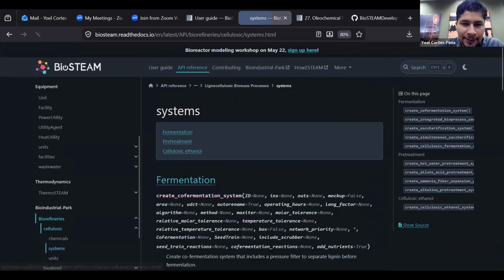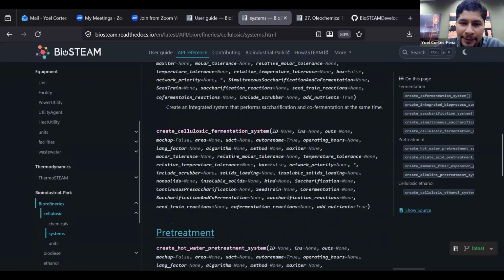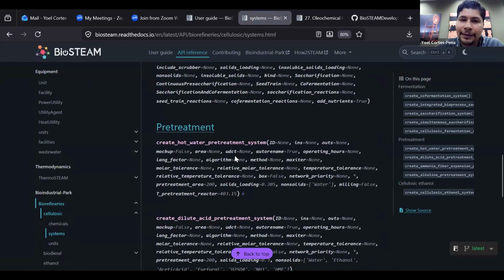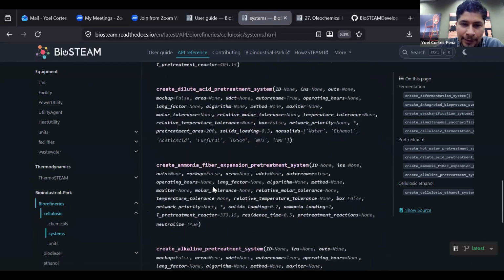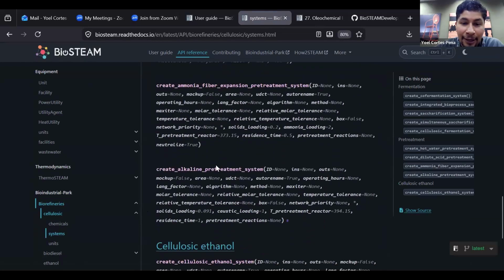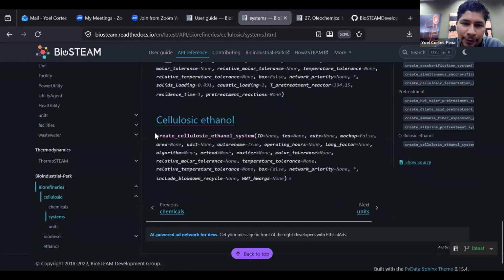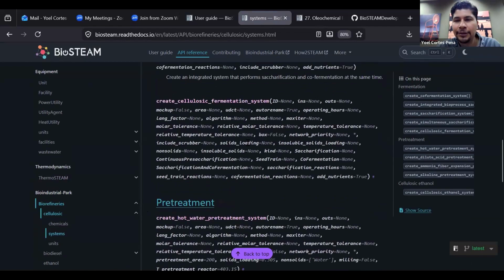But for systems, there are a number of different systems that you can create specifically related to cellulosic processing, like hot water pretreatment, dilute acid pretreatment, ammonia fiber expansion, alkaline pretreatment, or the full cellulosic ethanol production system. So we try to break it out into different blocks, different sub processes, so that it's easier for you to drag and drop.